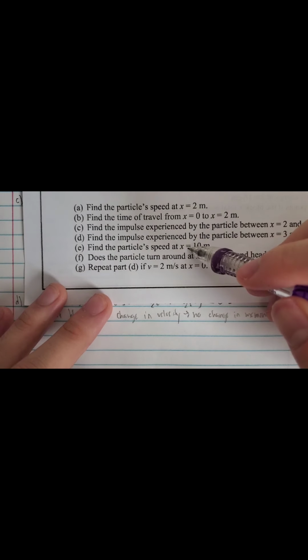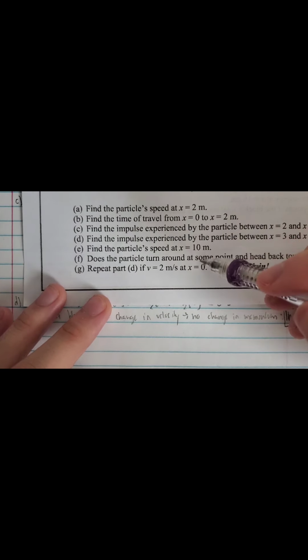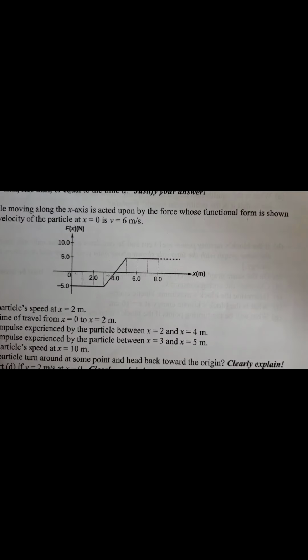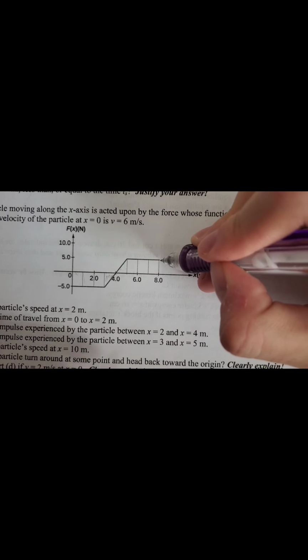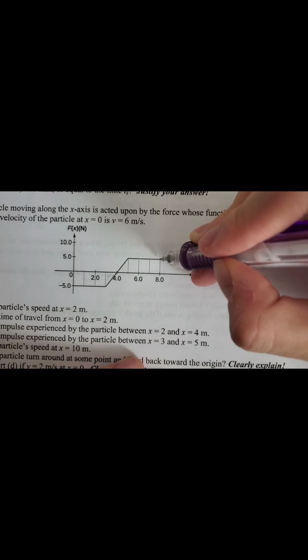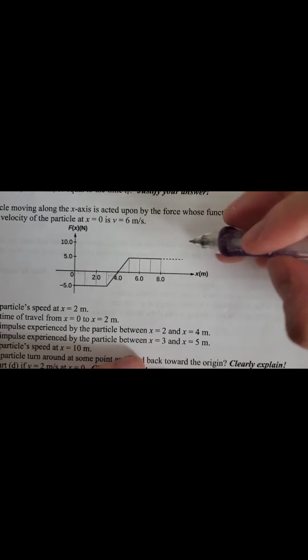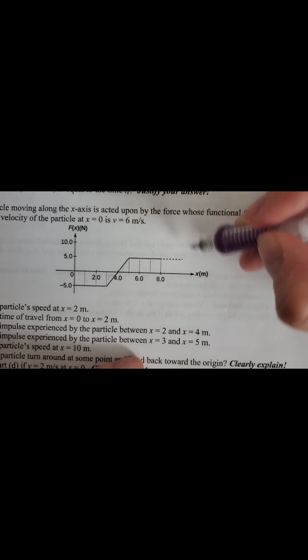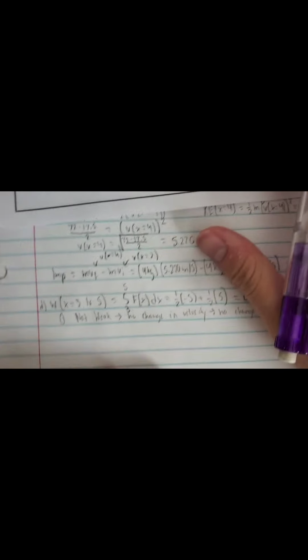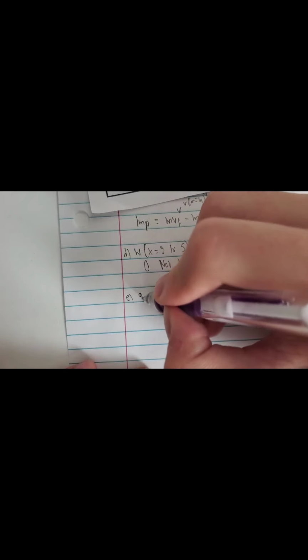Part E asks us to find the particle speed at x equals 10 meters. Looking at this graph, I'm going to assume that the force remains constant at 5 newtons from there on, since there's a dashed line. I'm just going to write down my assumption.